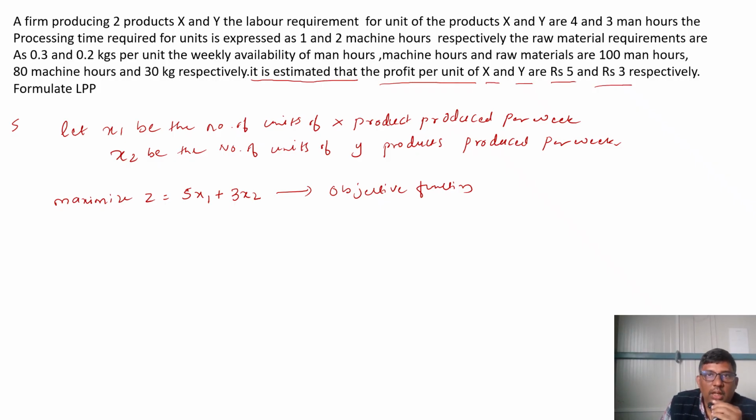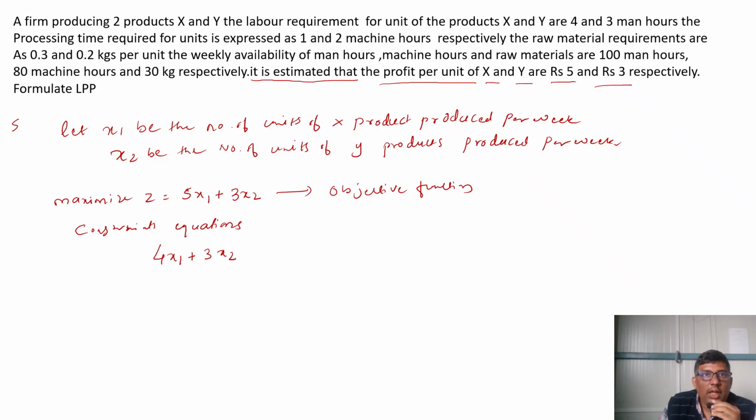So the man hours constraint equation will become 4x1 plus 3x2.